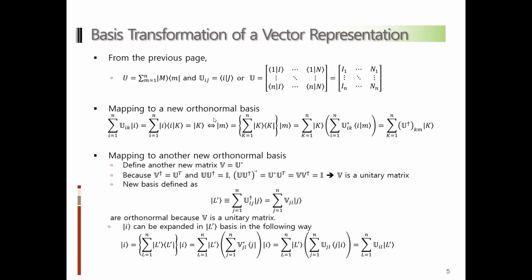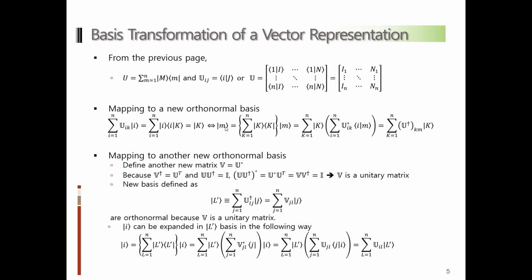With this relation, what I will also need is the reverse mapping. Once I have this relation, what I actually want to do is write down the original orthonormal basis in terms of this new orthonormal basis.